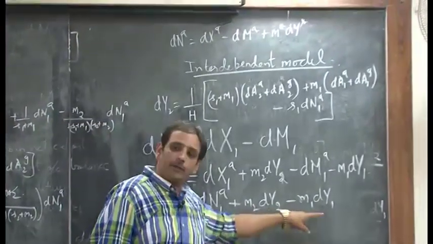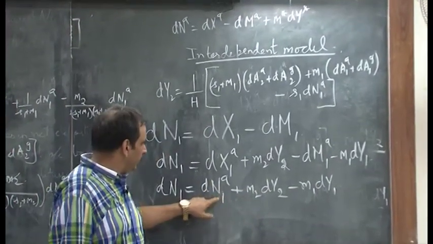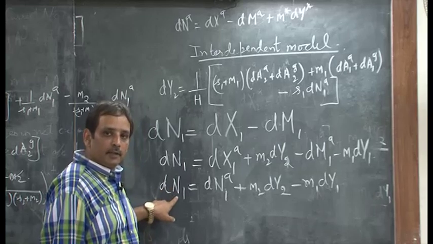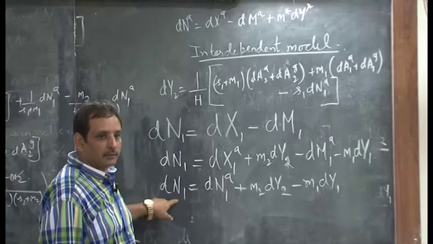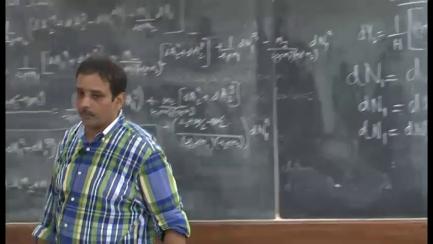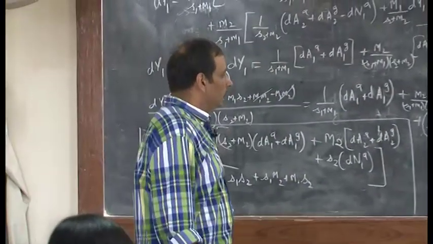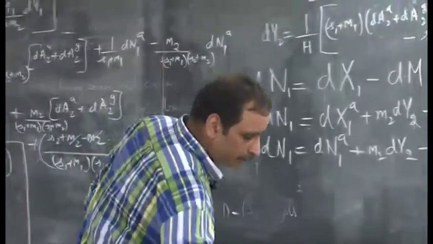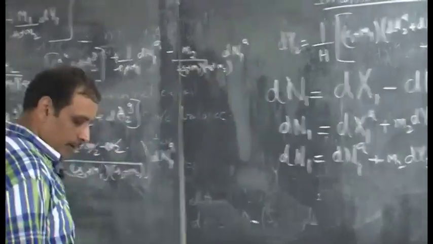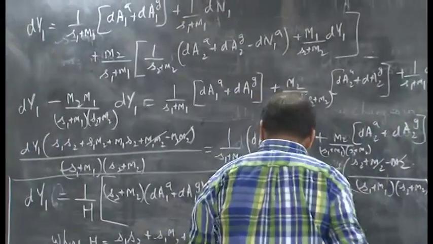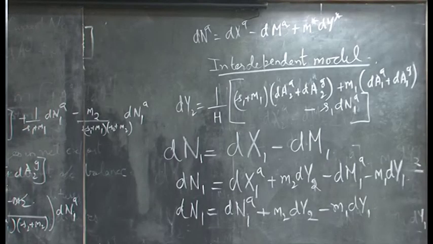You need to substitute here in this equation to get the value of the current account balance. So, let us do it. On the board I will just keep the values of dy1 and dy2 and then solve for the changes in the current account balance.